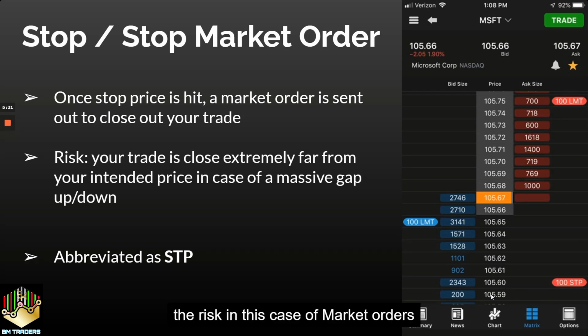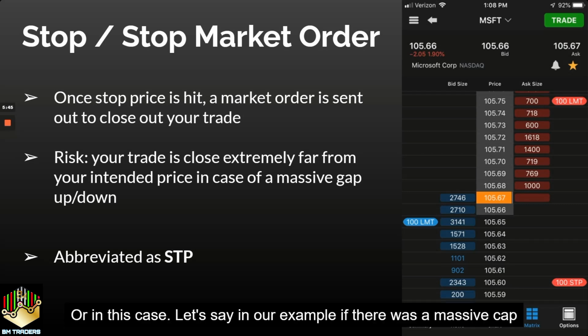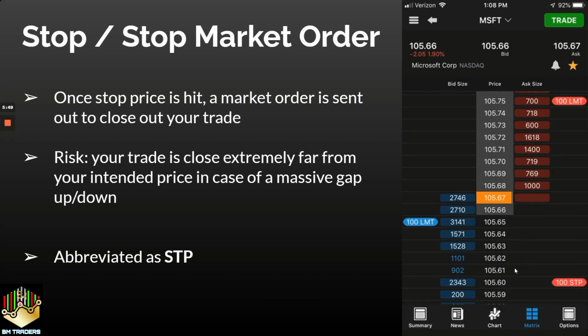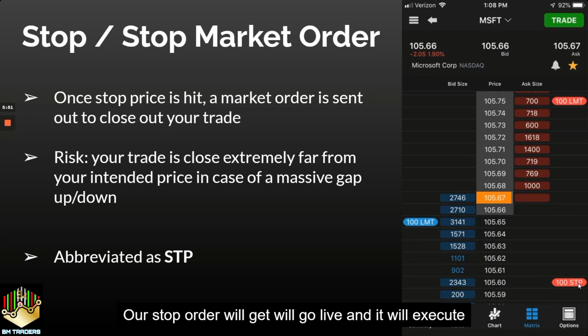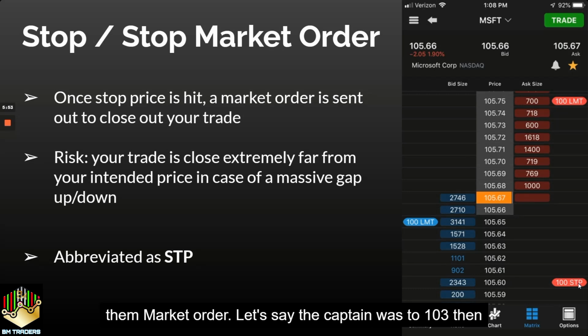The risk in this case of market orders is what would happen if there's a gap up or gap down. So if there was a massive gap up, or in this case, let's say in our example, if there was a massive gap down, our stop order will go live and it will execute a market order.